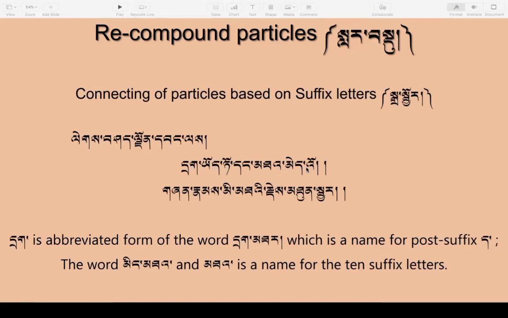If it's without any suffix letter, use ho. Otherwise, use the recompound particles according to the suffix letter. So then you will know what to write there. And from that point, you'll understand that the entire narrative has ended.